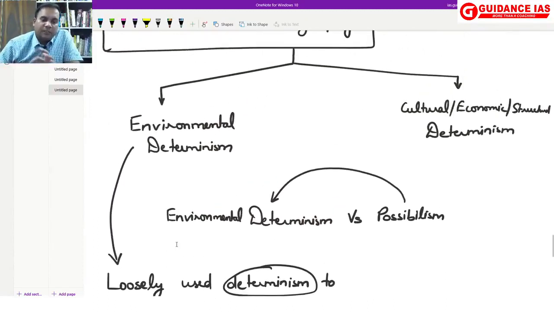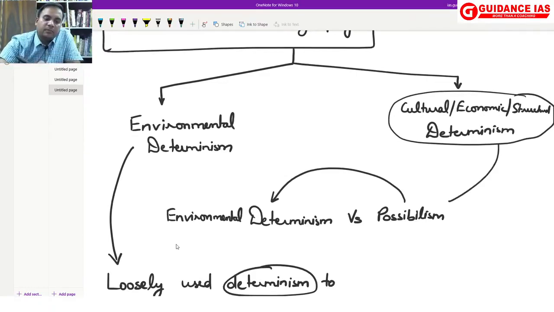Now, this would clear your confusion. At many places, if you look into, we said that cultural determinism, economic determinism, structural determinism, these are a type of possibilism.